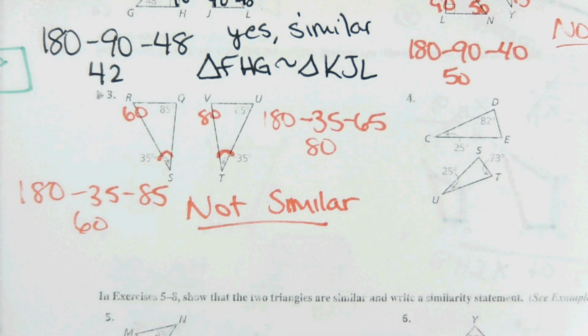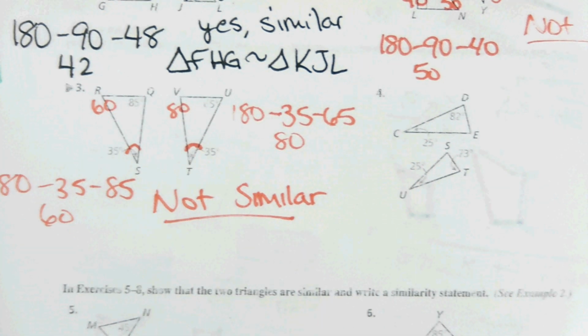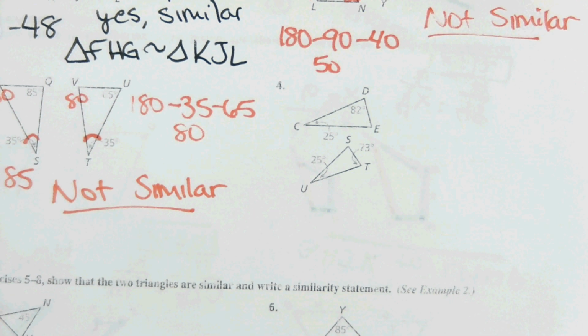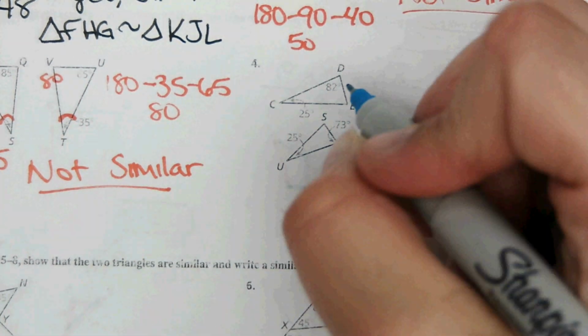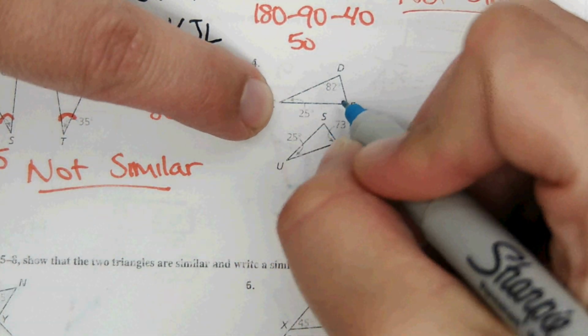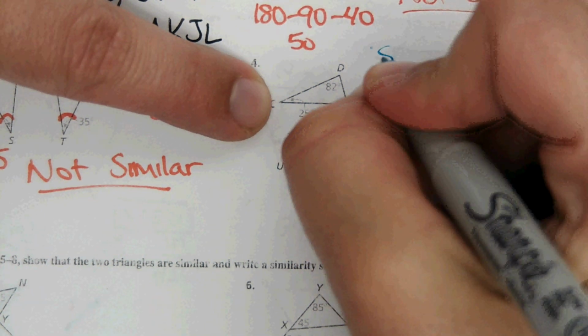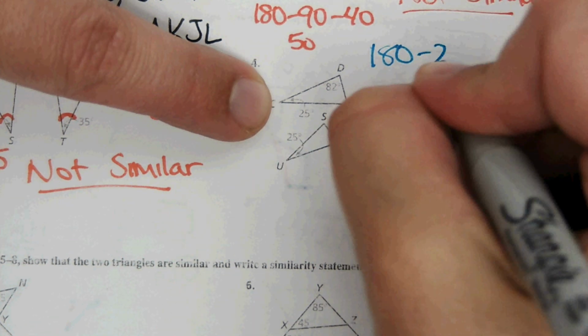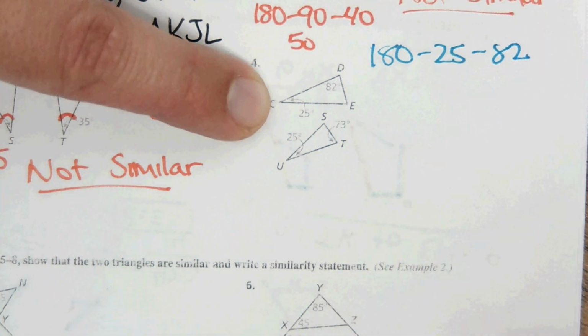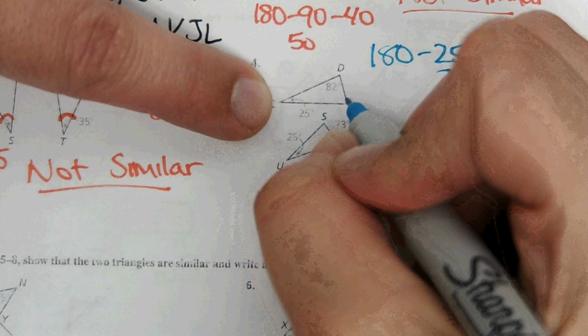And then for number 4, you guys got that in the work. Okay, we got 82 degrees, 25 degrees. We got to figure out this third angle. So 180 minus 25 minus 82 comes out to 73.